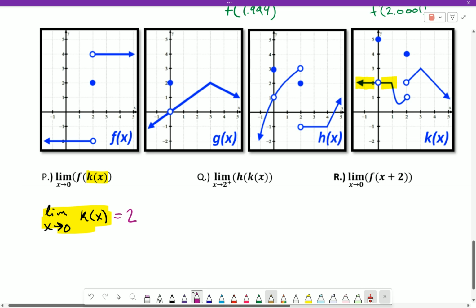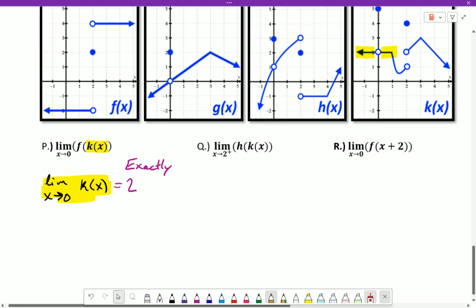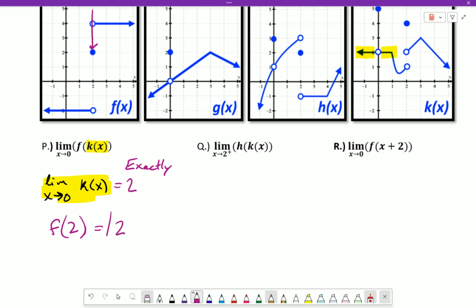How am I getting to it, with numbers bigger than 2 or less than 2? Exactly 2. So how, in math class, do we find exactly 2? Not a limit. It's a value. That is now going to be f of exactly 2. I want to go to 2 and find the number. So f at 2, I'm parachuting down. Kersplat, I am landing at 2. That's the y value when I look at that graph.